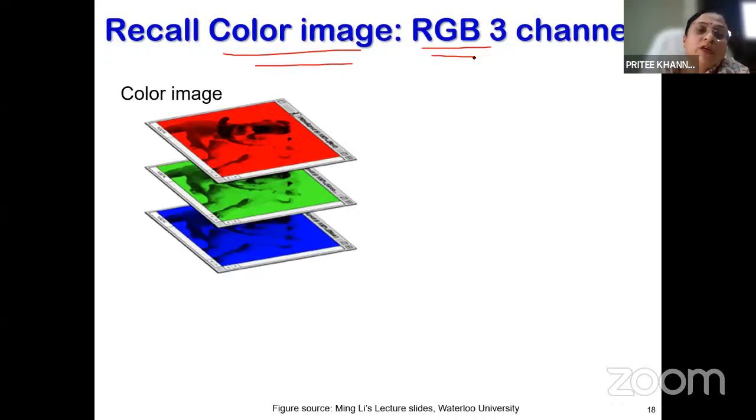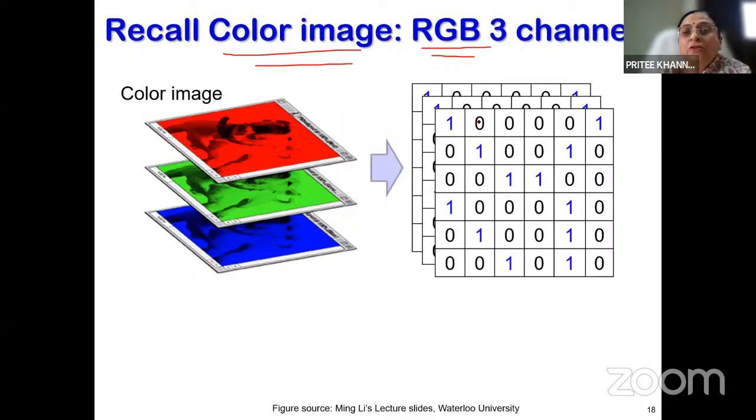So when we go for color image, you can see here red, green, and blue, 3 channels are there. So it means that now we need 3 filter copies, right? One copy to work with red channel, one copy to work with green channel, and one copy to work with blue channel.